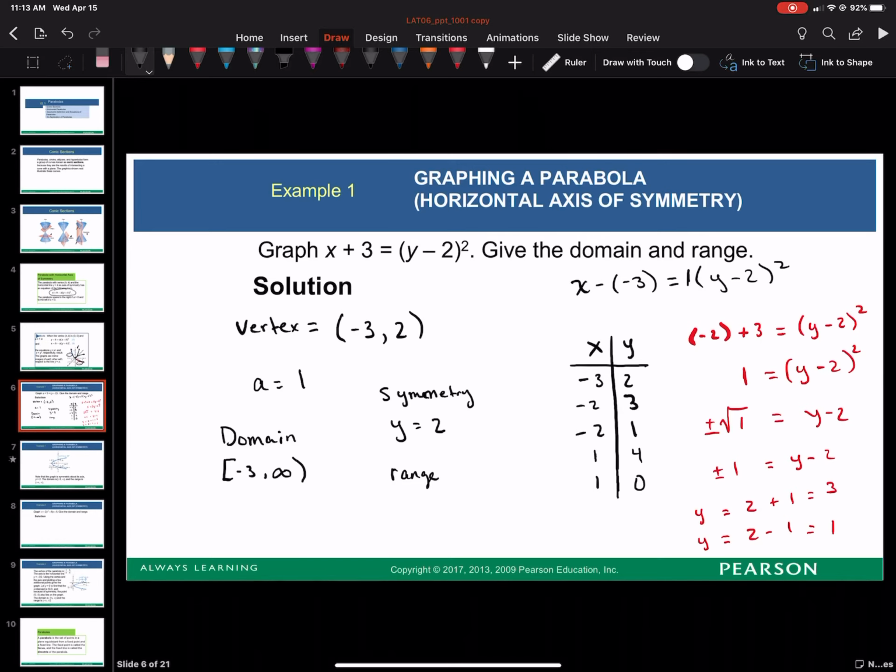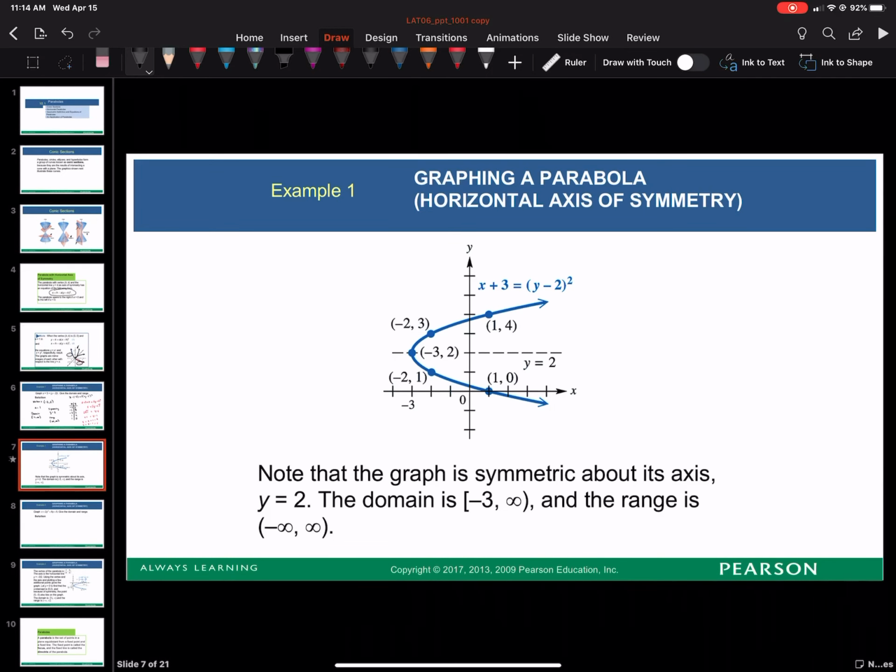So if the domain of the standard y is equal to x squared is negative infinity to positive infinity, then if we do the inverse one, our range would be from negative infinity to positive infinity. And I'm going to show you this on the graph next. So you would just graph these things, and you should end up with this.